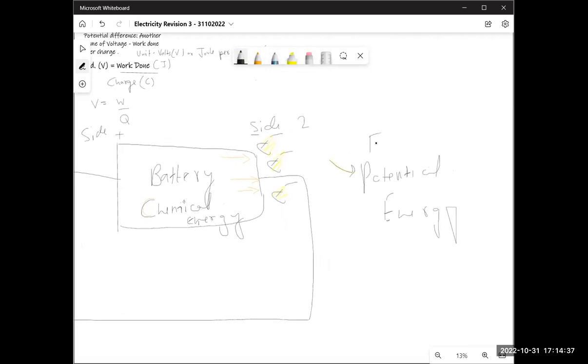And these are getting potential energy. This is called electrical potential energy. And inside the battery, we have chemical potential energy. So both of these are potential energy. Potential basically means energy that allows you to move, right? So the battery is giving chemical potential energy to these guys, and it is being turned into electrical potential energy.